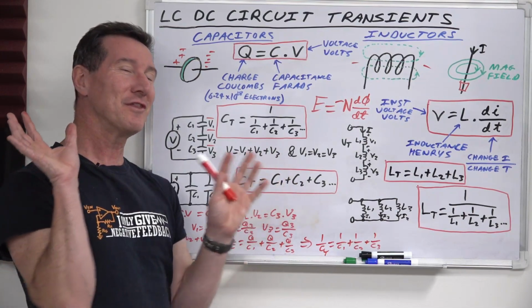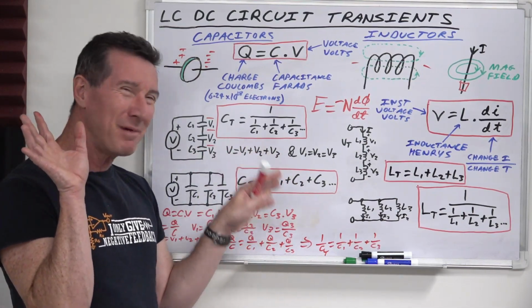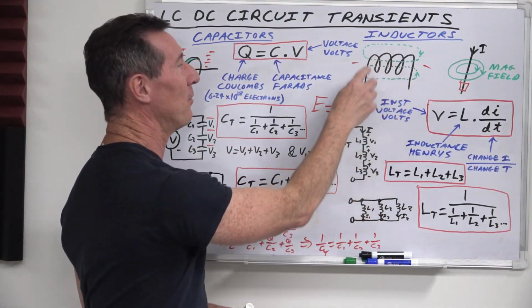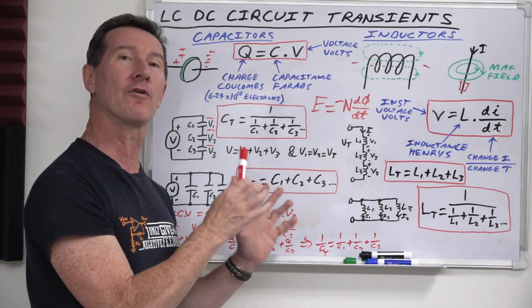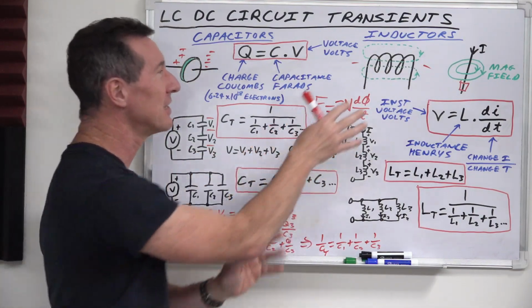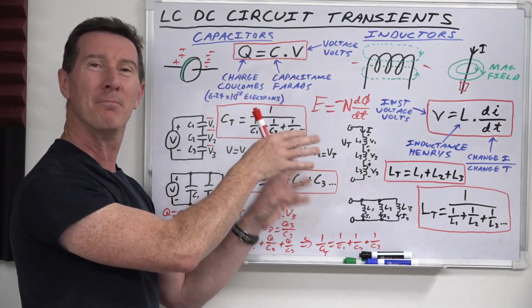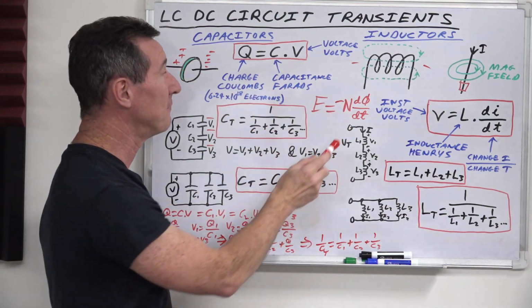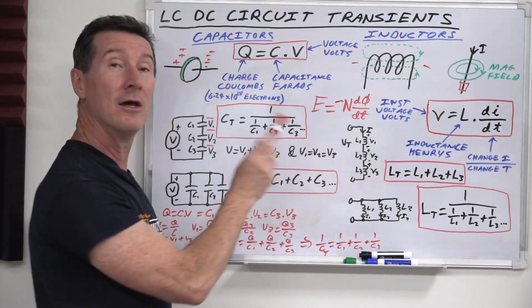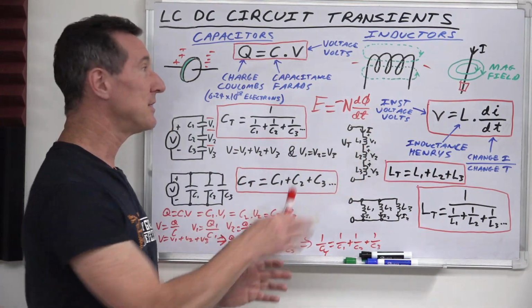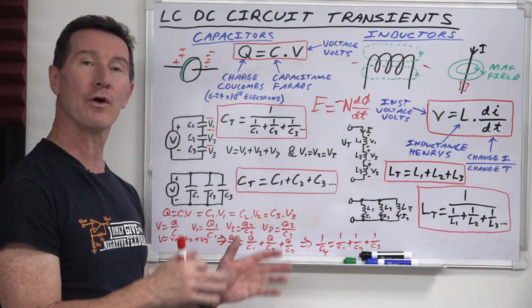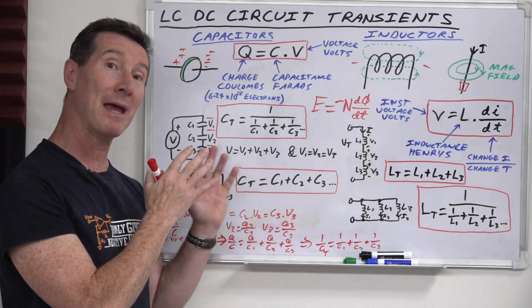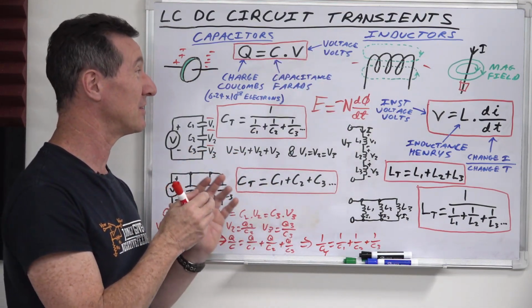And I don't like to do this, but I'll briefly mention it just for a bit of completeness. We're talking about Faraday's law of electromagnetic induction, and you can go look that up, but we get more into the physics side of things, and that is E in volts is equal to minus N, which is the number of turns, times d phi/dt, that's the rate of change of magnetic flux in webers per second.